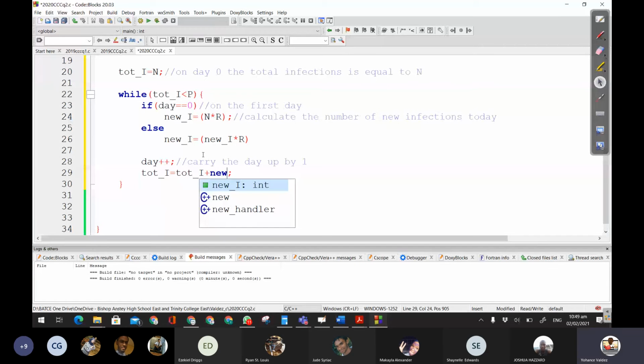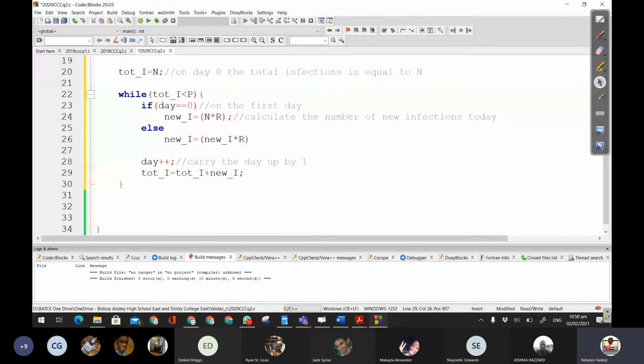So on the first day, the number of people that we calculate is based upon the original amount of people. But from the second day, the new infection number is what will determine how fast the infection is going to spread. Okay?